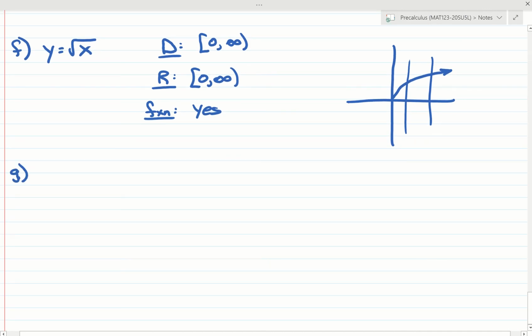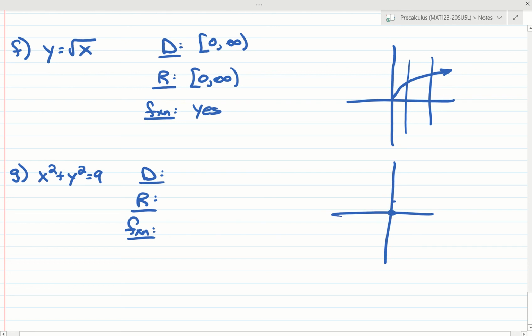What about a circle? What if we had, say, x squared plus y squared is equal to 9. Well, center would be 0, 0. Radius is 3.